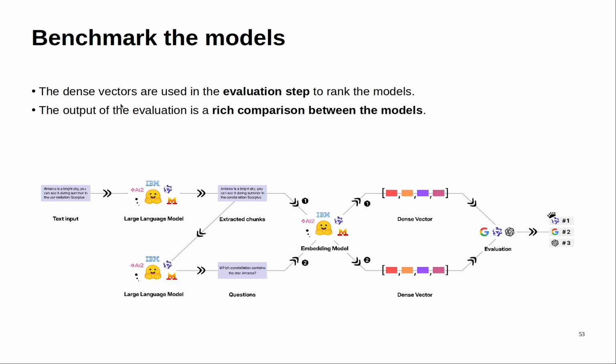So yeah, this is what I'm saying in these bullet points. The dense vectors are used in the evaluation step, and the output will be a rich comparison between the models. I will show you how to generate those 2 tables, and just by analyzing them, it will allow you to choose if you want to move to a new model or not.